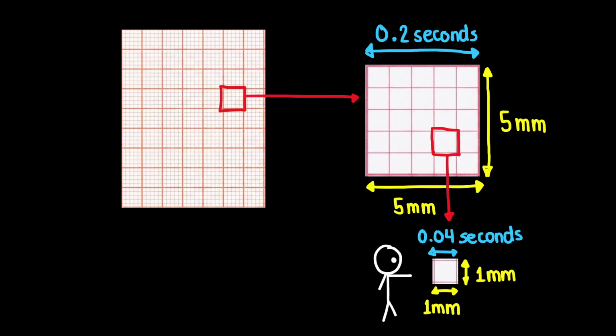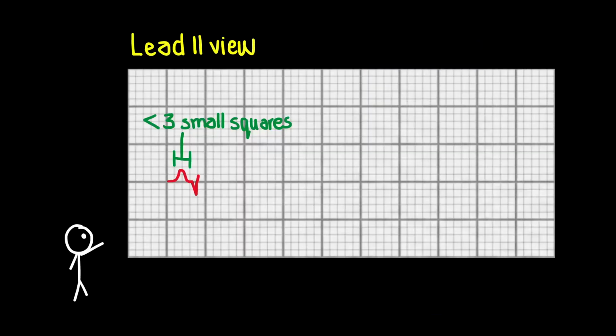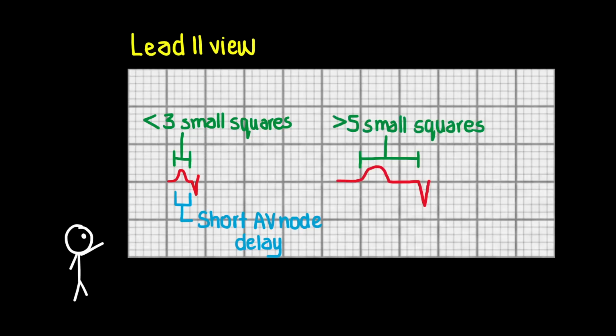And if you remember with me, one small square horizontally was equal to 0.04 seconds or 40 milliseconds. So less than 3 squares means that the AV nodal delay is too short, and more than 5 small squares means that the AV nodal delay is too long.